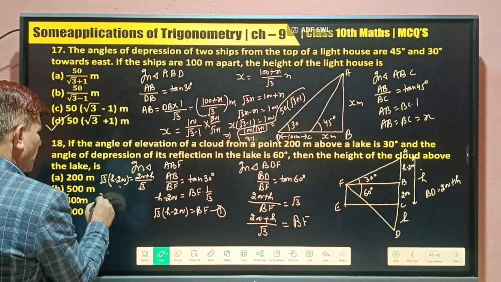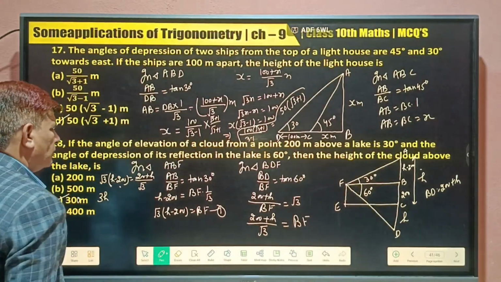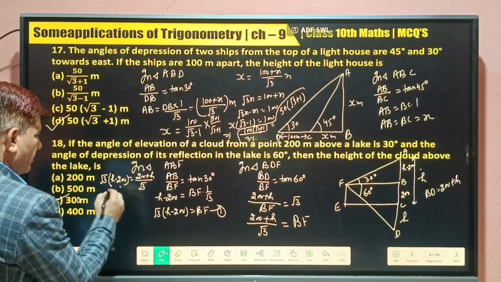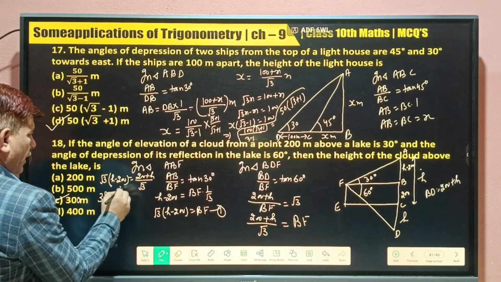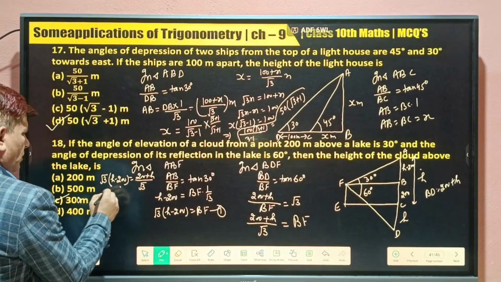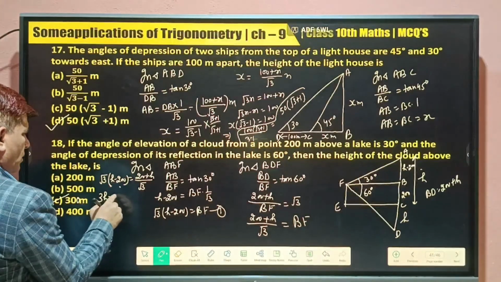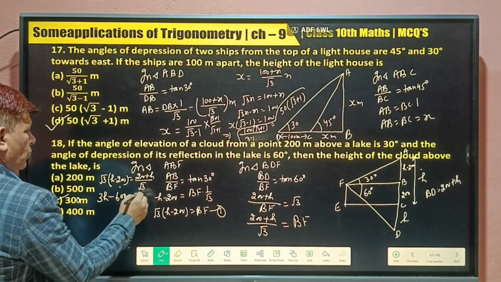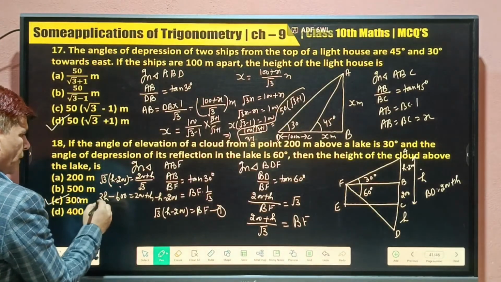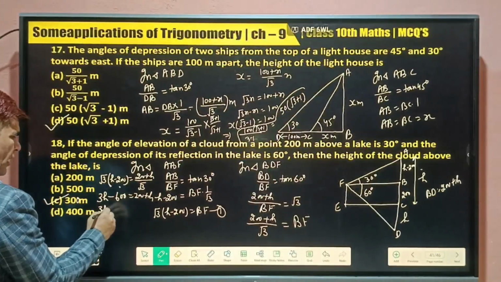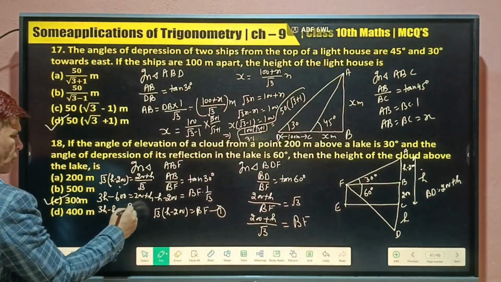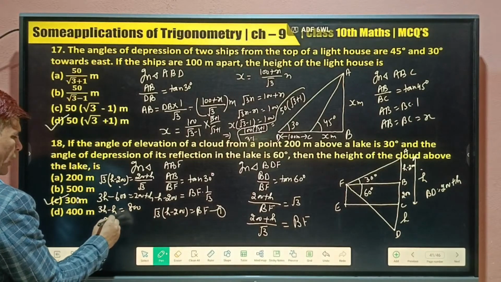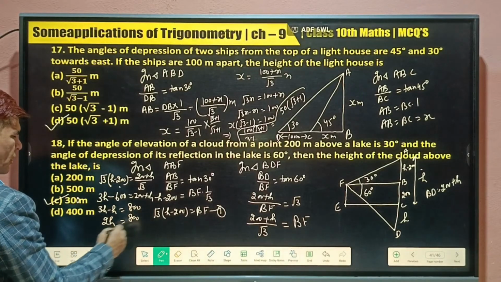Bring to the sides. So this becomes 3H minus 600 is equal to 200 plus H. Bring to that side: 3H minus H is equal to 800. 2H is equal to 800.